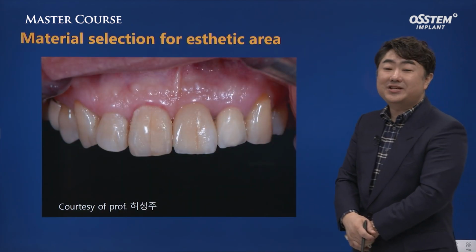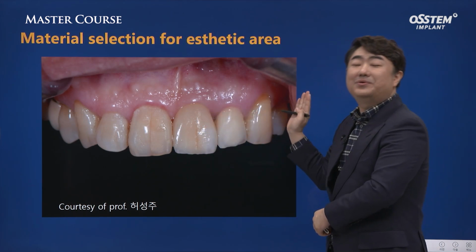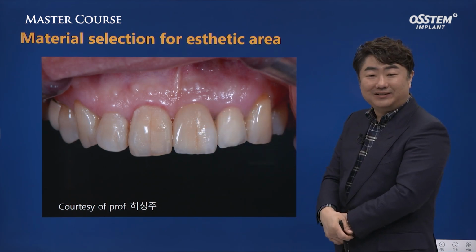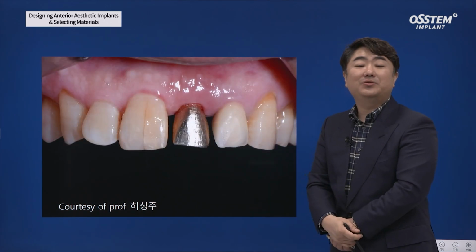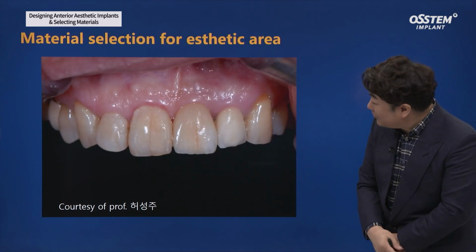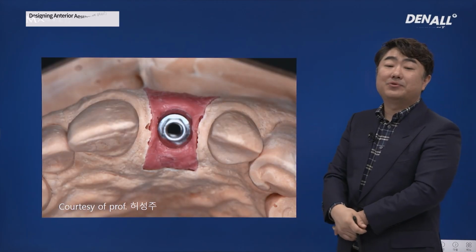This is my mentor's case. Can you discern where the implant crown is? Surprisingly, it is number 21. It is not an all ceramic crown. It was a PFZ crown. It was an external type Brånemark implant.